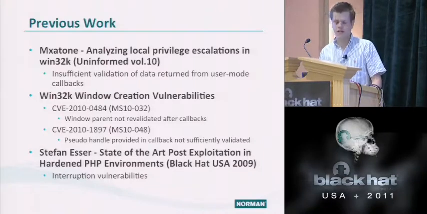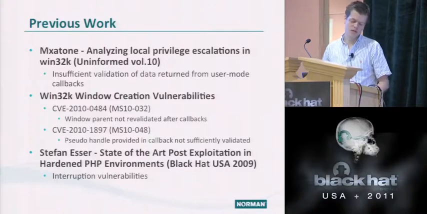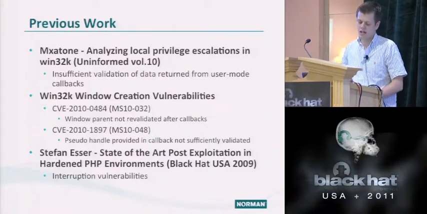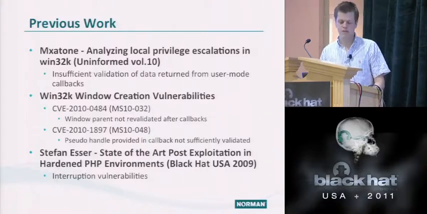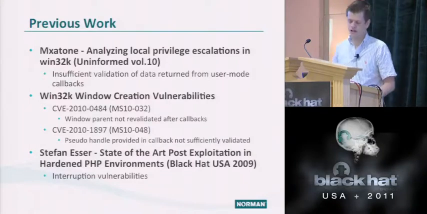And Stefan Esser also had a talk. This is not related to the Windows kernel at all, but it was a similar bug class in which he had a privileged component that made calls back into a non-privileged context, and he could change around the privileged state.